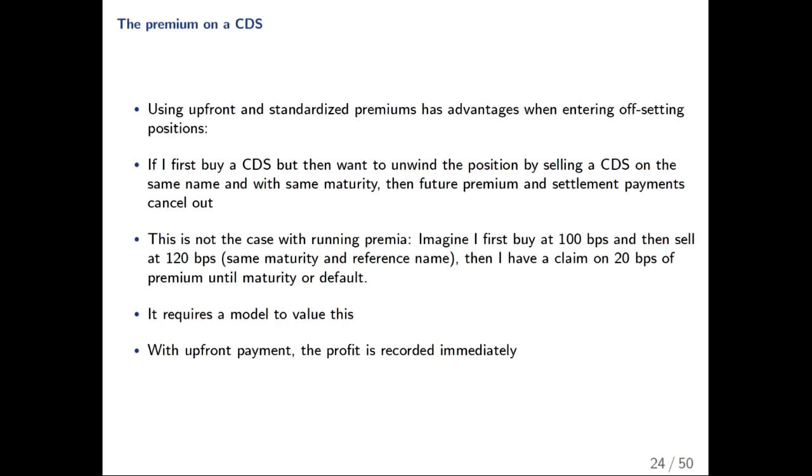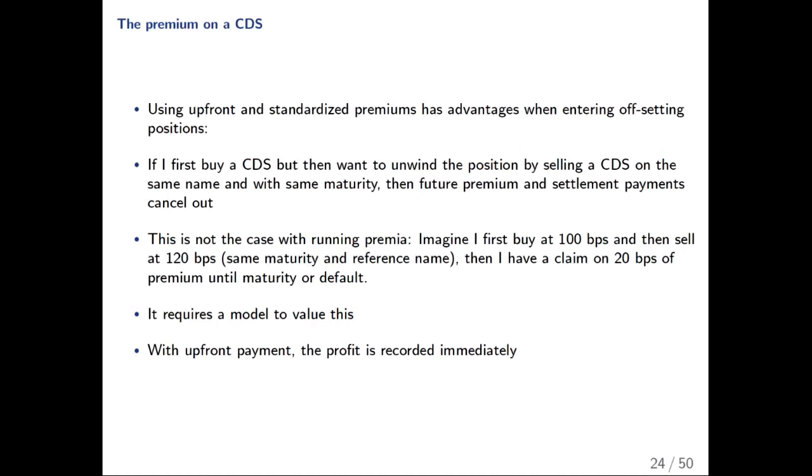How much is that 20 basis points worth to me today? Well, that depends on a model for credit risk. So it's difficult to value the returns to CDS if you have this upfront payment fee.